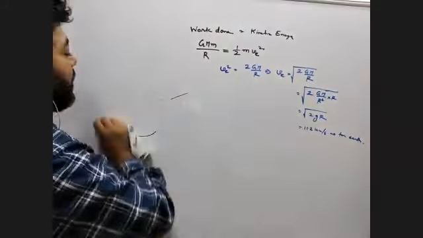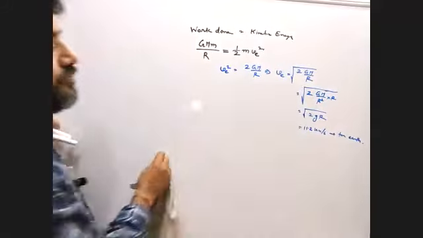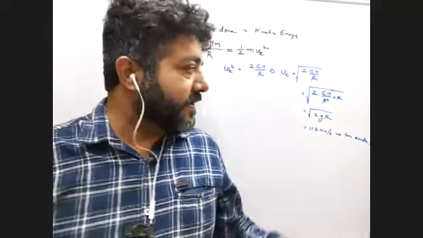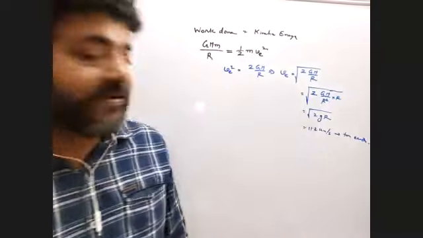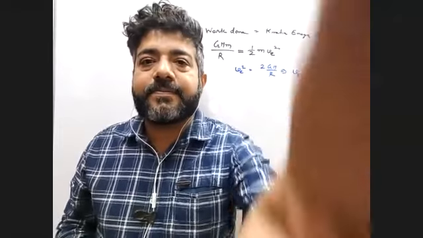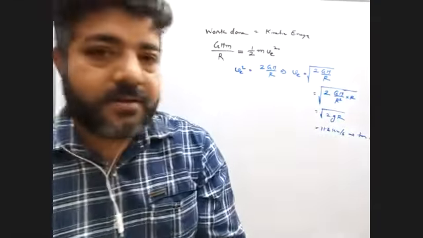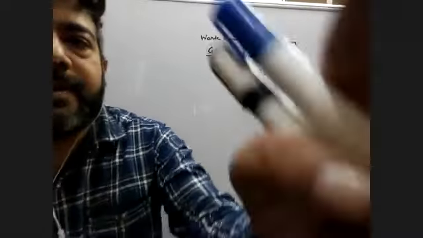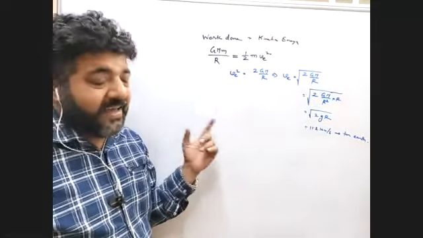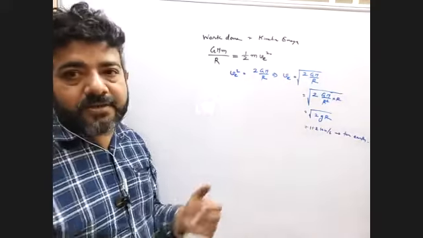They can ask you to find the relation between escape velocity and orbital velocity very near to the surface of the Earth. Find the relation between escape velocity and orbital velocity very near to the Earth.